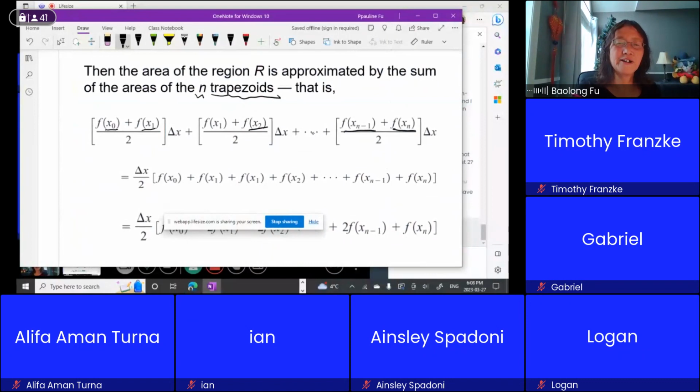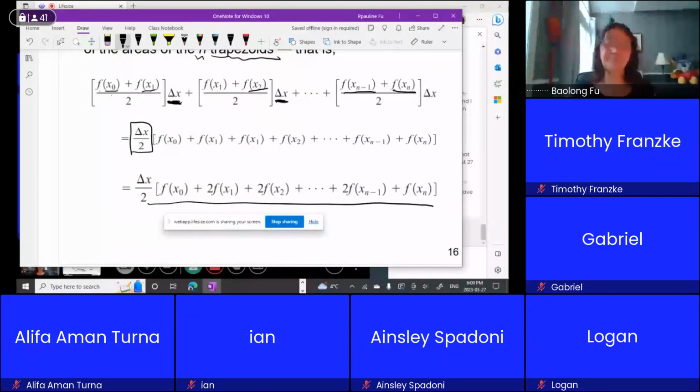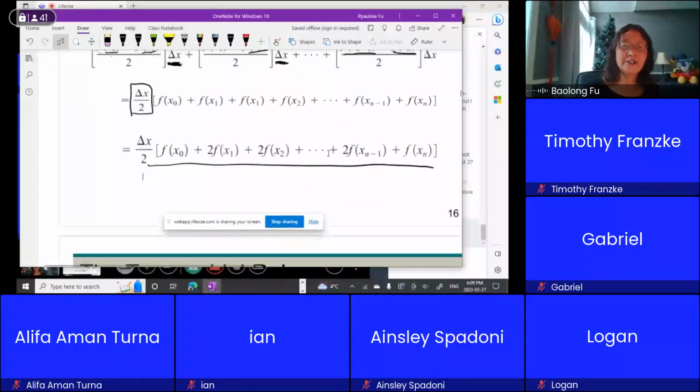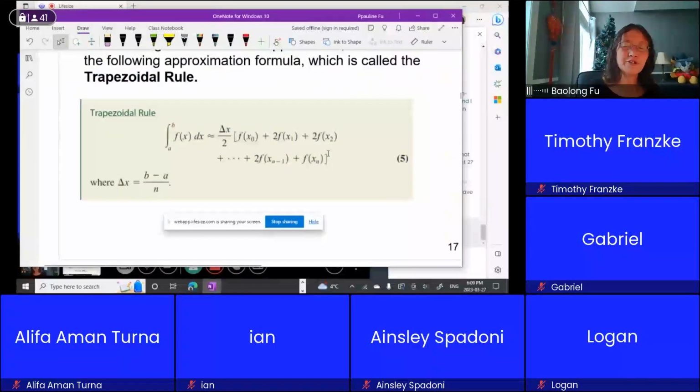So each trapezoid has the length delta x, and then over 2, and we get this expression. Okay, so this leads us to the trapezoid rule.